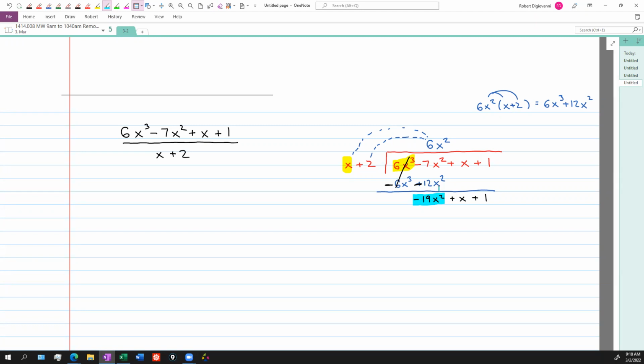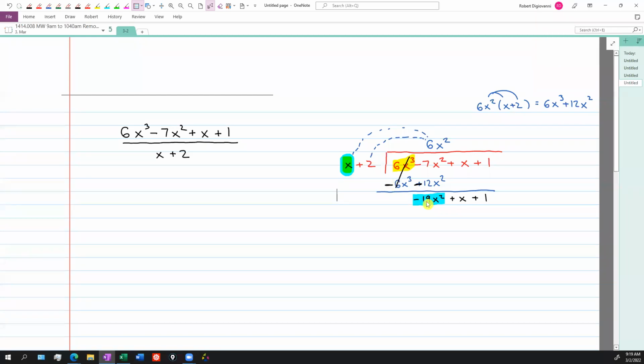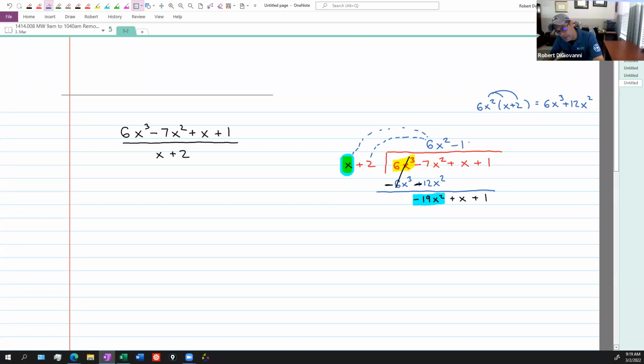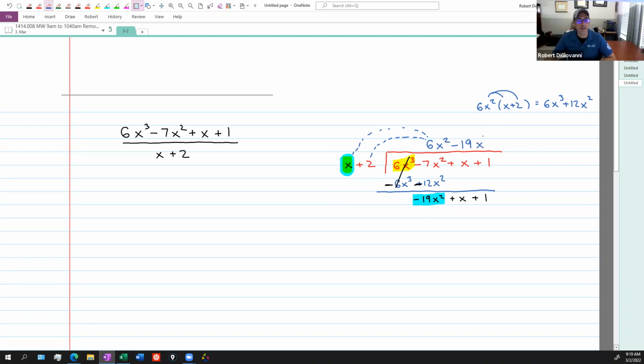Or no, not the 7. All you look at is the x up front, and you ask yourself, what do I multiply this by to get this? Oh, negative 19. That would give you the negative 19, but you need an x squared and you only have an x. So what are you going to need to multiply that x by to get x squared? An x. Yeah, just an x, right? Okay, so that's it. Negative 19x.